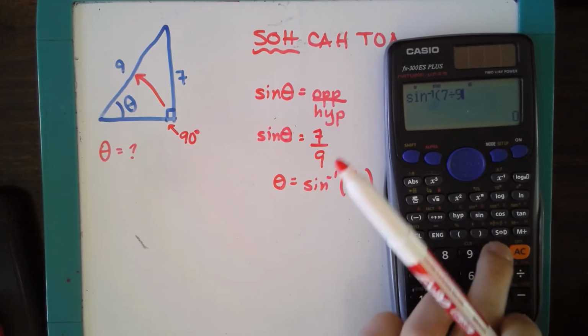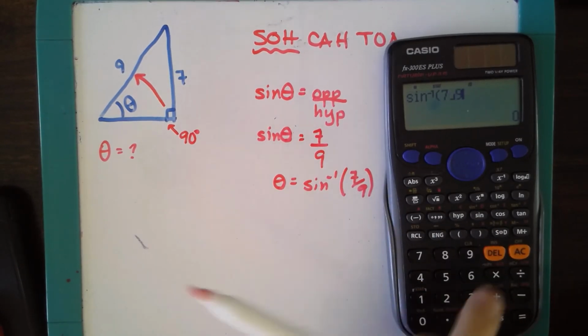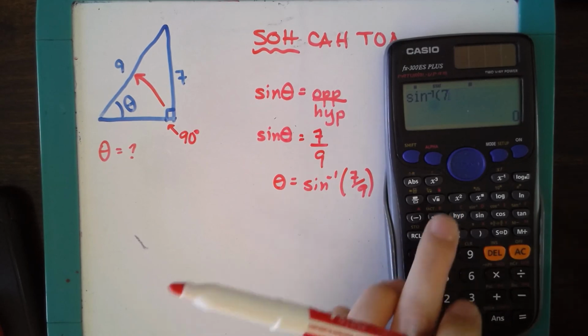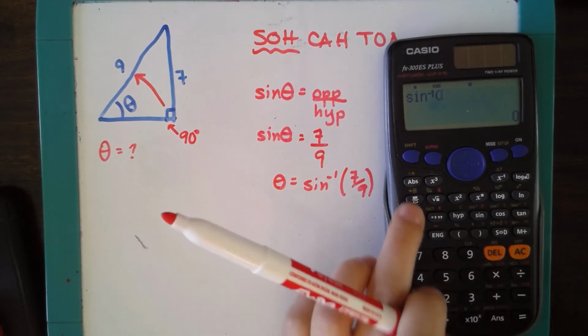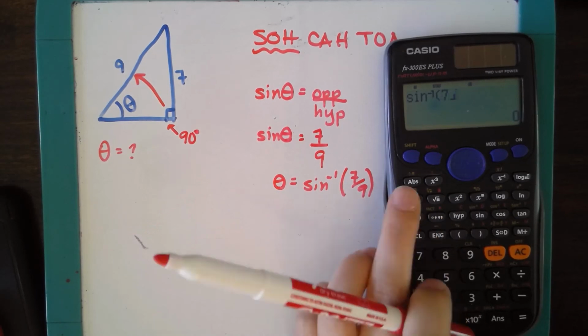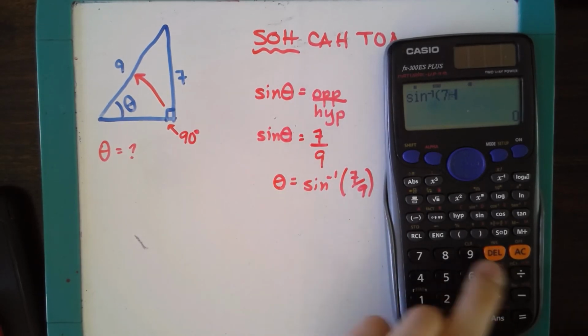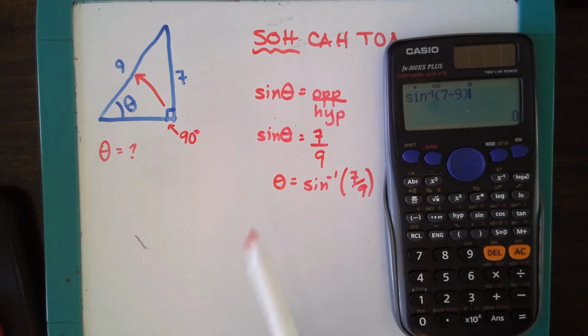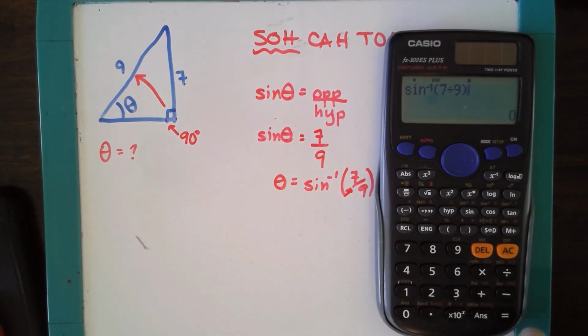If you want, you can put it as a fraction, and your calculator might display that a couple of different ways. I think it's just easiest to do 7 divided by 9, because that line means division.